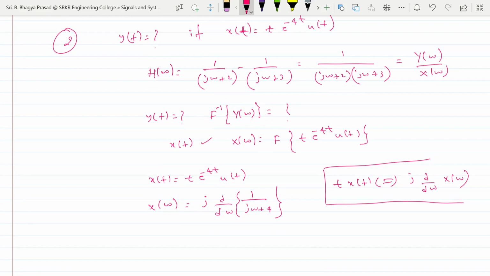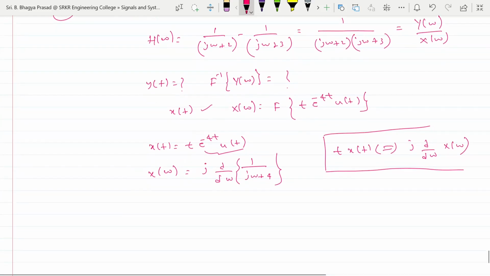So here x of t is e power minus 4t u of t. While applying the frequency differentiation property, you will get X of omega as 1 by (j omega plus 4) whole square.